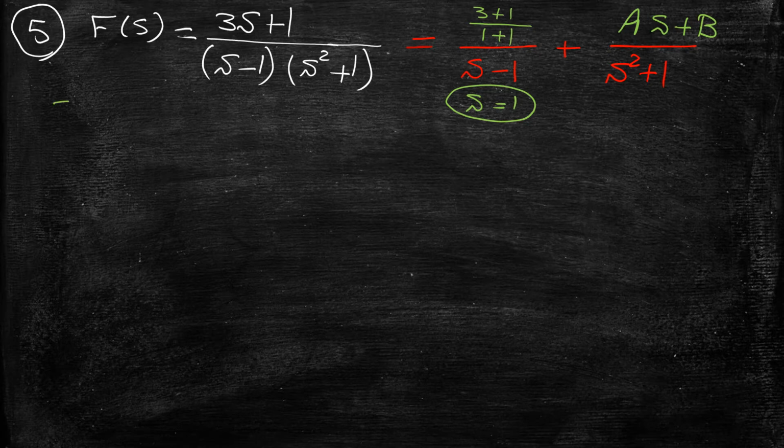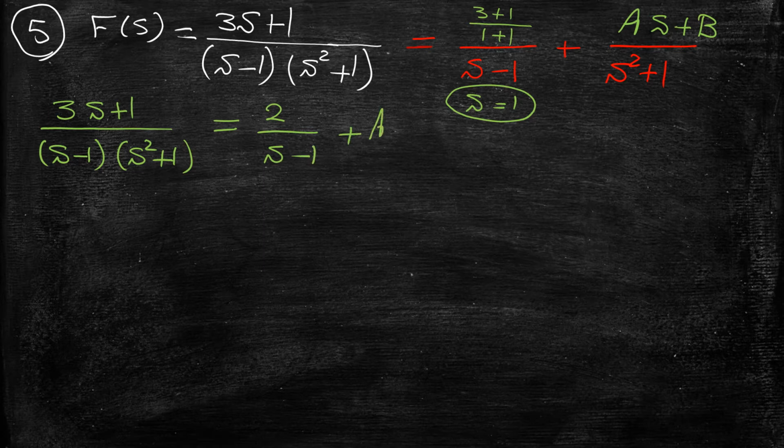So again, I will equate both terms right now. This is the old fraction, and the new one right now, this is 4 over 2. It will be here 2 over s minus 1 plus (as plus b) over s squared plus 1.